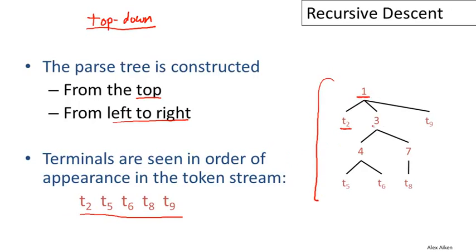But then if we have a non-terminal in the next position, that will be number 3, and then if that has children, well, the leftmost one, because we're going left to right, will be the 4th thing to be generated. And then let's say that the 2 children of number 4 are both terminals, so that will be the next 2 terminals in the input, and so on. The next thing that will happen is the second child of number 3, and then the last 2 terminals appearing in left to right order.